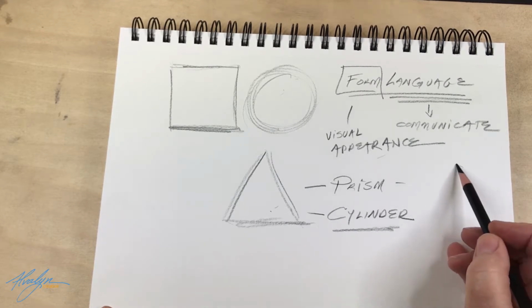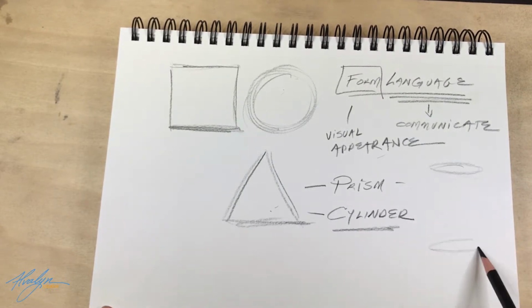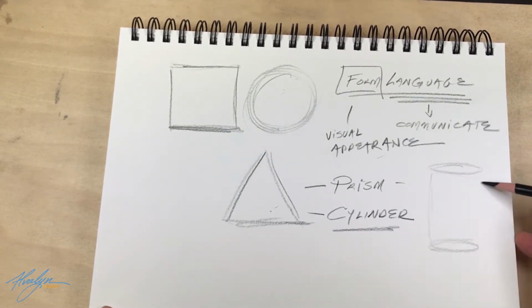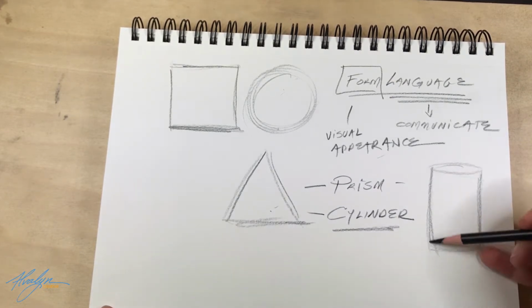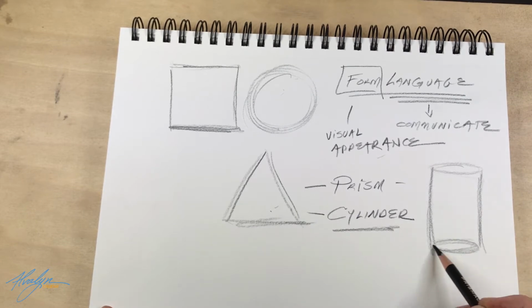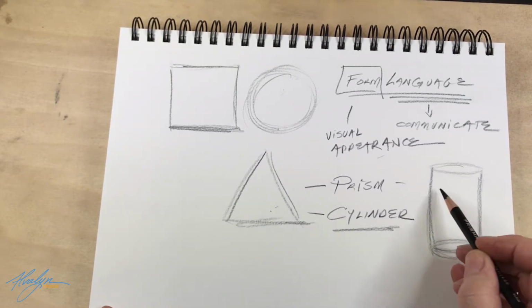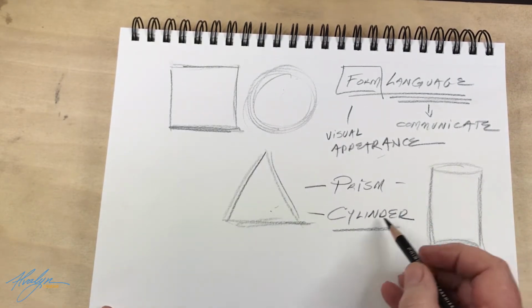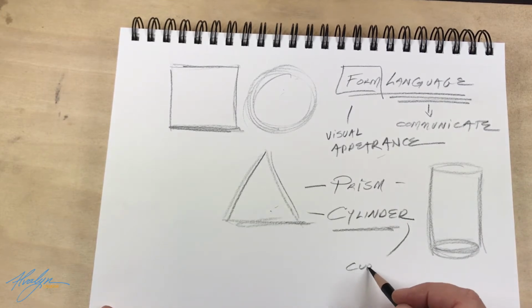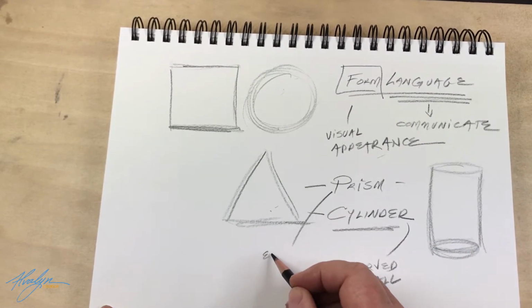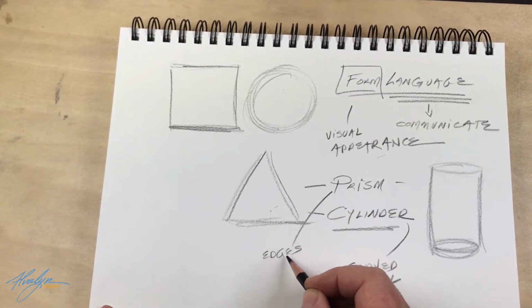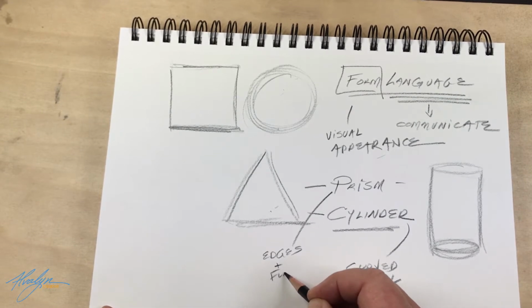Cylinders will have a top and a bottom edge. They will have parallel sides, but they will have a curved wall or a curved face. So prisms have edges and flat faces.